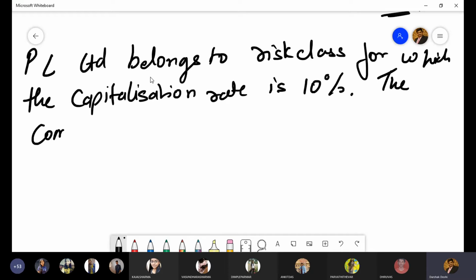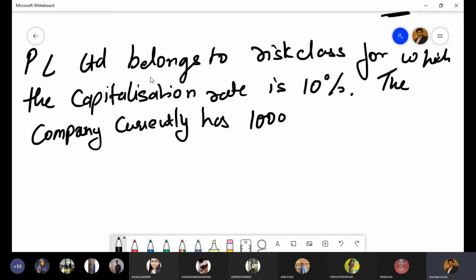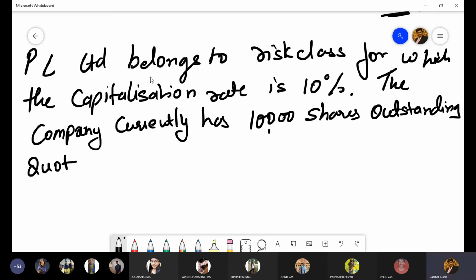The company currently has 10,000 shares outstanding, quoted at rupees 100 per share.